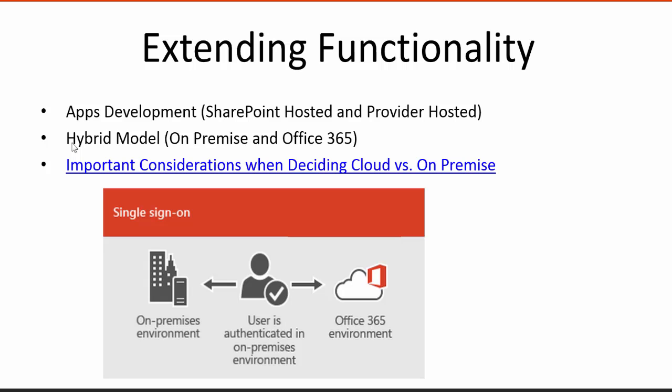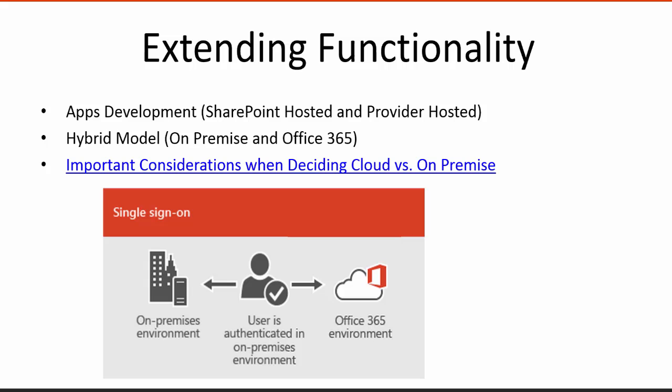The next important thing is called the hybrid model. What if you have users and you still need to have your on-premise environment and Office 365? On-premise refers to the SharePoint servers, Exchange servers, and so on that are hosted somewhere in your office or even by a vendor. For example, HP provides such a service where you can have your on-premise environment or private cloud that contains your servers. The reason some organizations do that is they need more sophisticated functionalities than Office 365, and they need the privacy of their information inside the company.